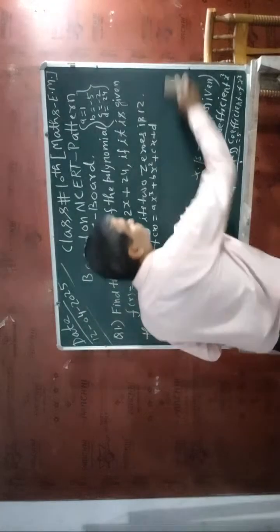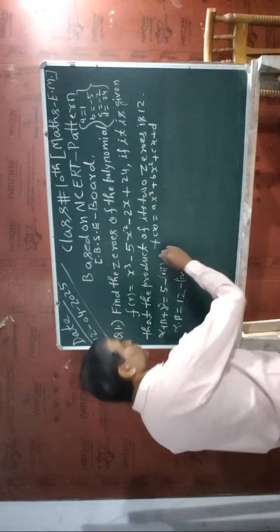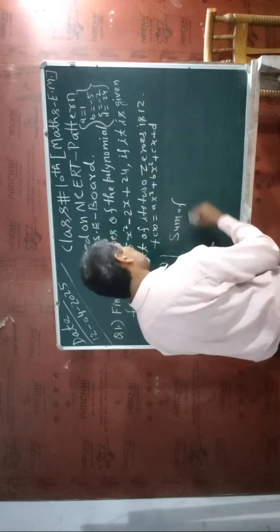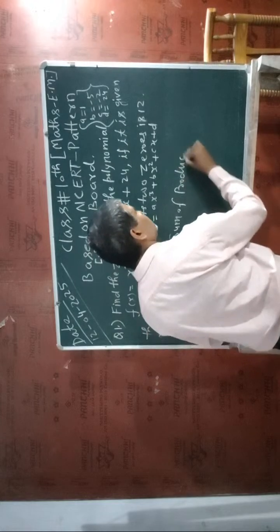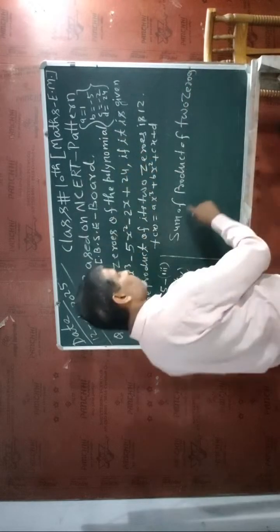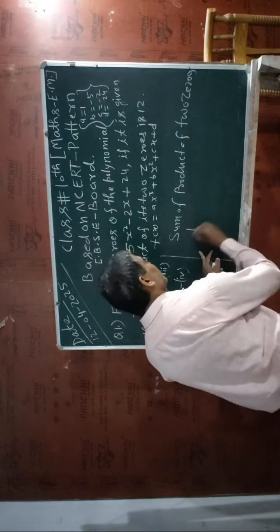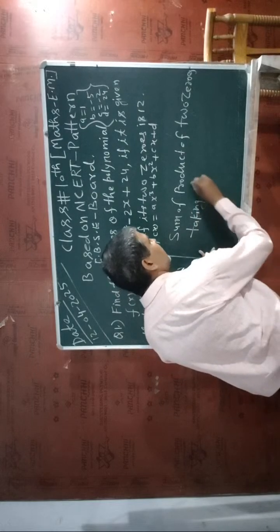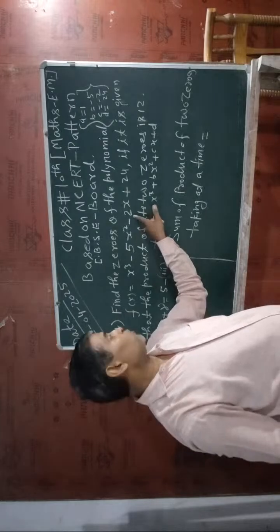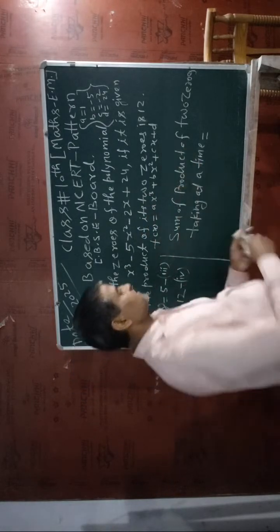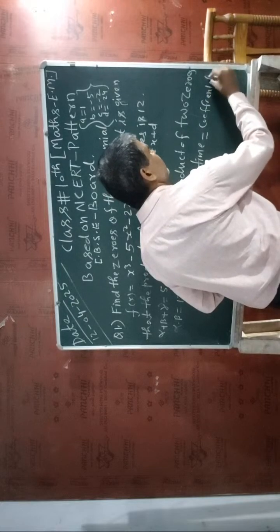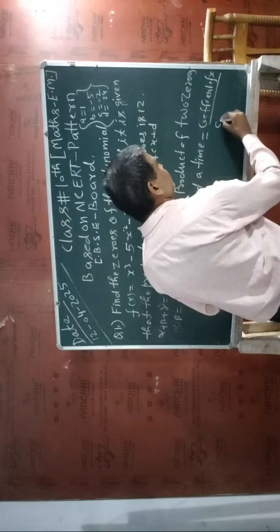Taking two roots at a time, I will write another step here: sum of the product of two zeros taking at a time, which is equal to coefficient of x divided by coefficient of x cube.